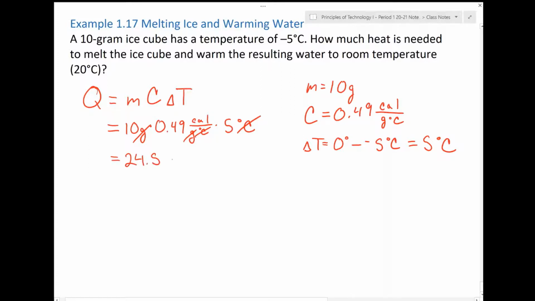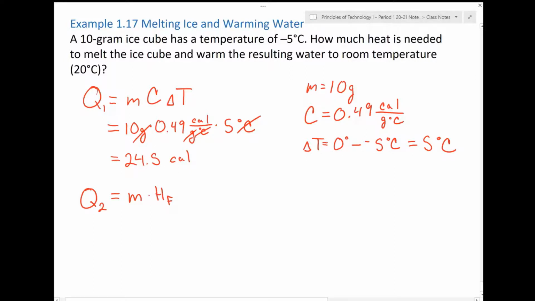calories of heat. Then, to calculate the heat required to melt the ice, let's call this Q2, and the book calls the first part Q1. So Q2 is equal to the mass of the ice times the heat of fusion for the ice.